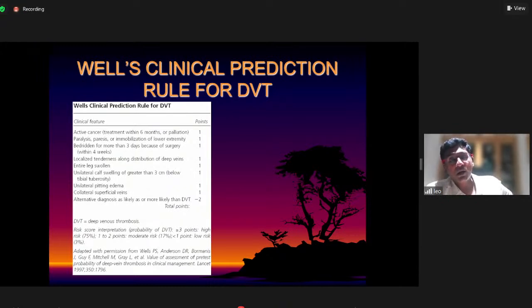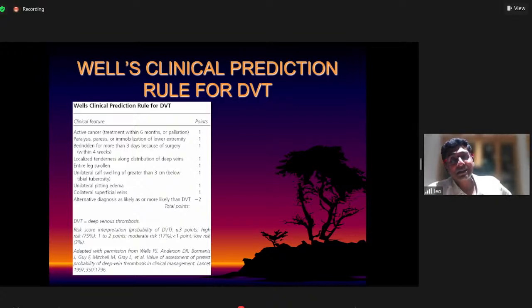Wells describes a whole list of points, to each of which you add 1 point: active cancer, paralysis, paresis or immobilization of the lower extremity, a patient bedridden for more than 3 days or after surgery, localized tenderness along the distribution of the deep veins, a swollen leg, unilateral calf swelling of greater than 3 centimeters, unilateral edema, collateral superficial veins.